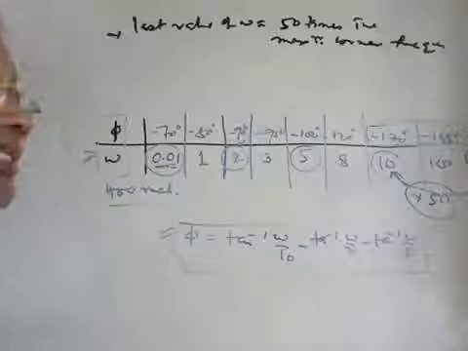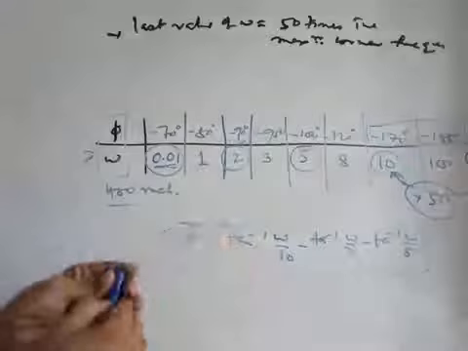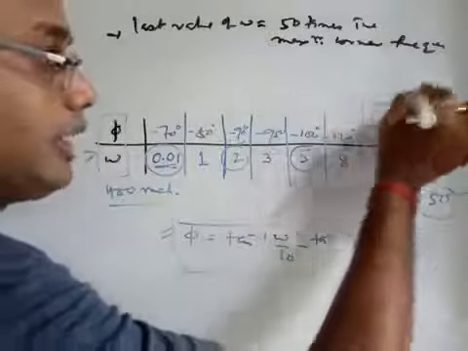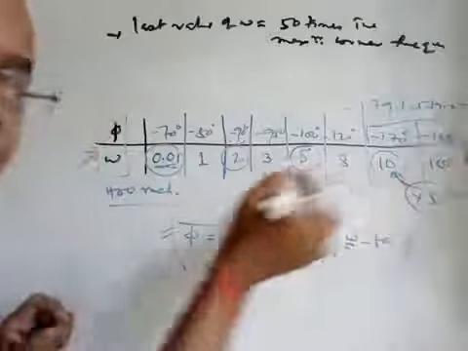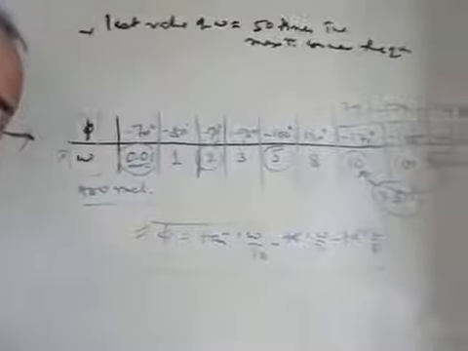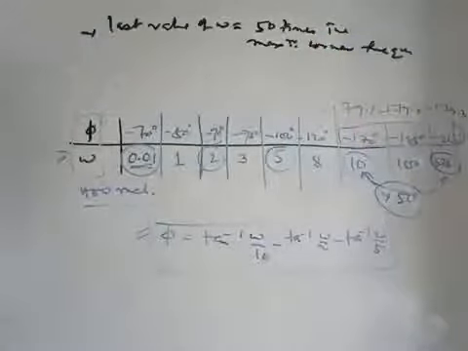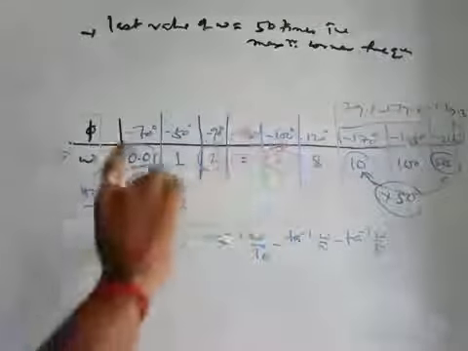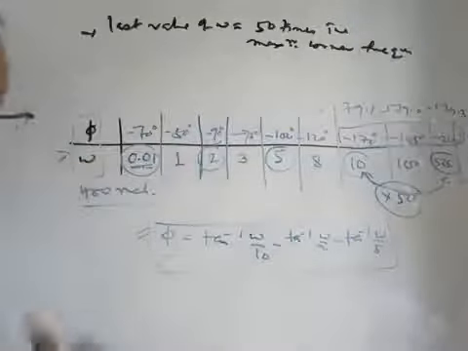The thing is that you may get values like minus 179.1, minus 179.2, minus 179.3, because our aim is to see whether there is any frequency where the phase is crossing the minus 180 degree line.